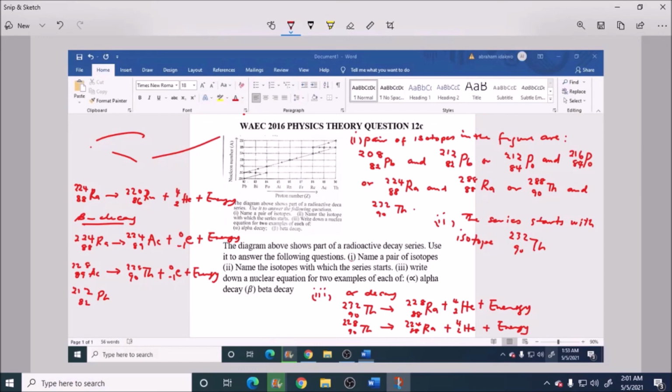Let me give you one more. 212, 83 Bi, resulting into 212, 84 polonium plus electron plus energy.